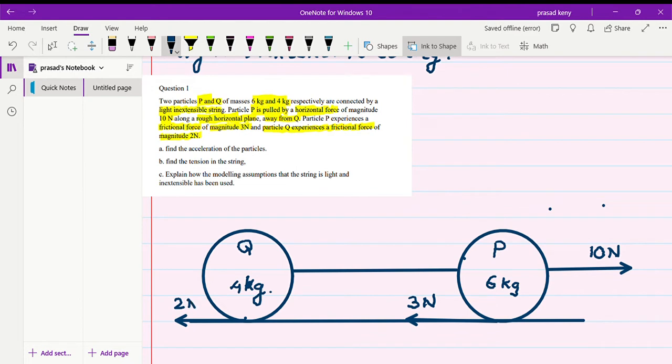Now, let us come to part C first. Here, the string is modeled as a light and inextensible string. Light. Now, what do you mean by string is light? Its own weight is negligible.